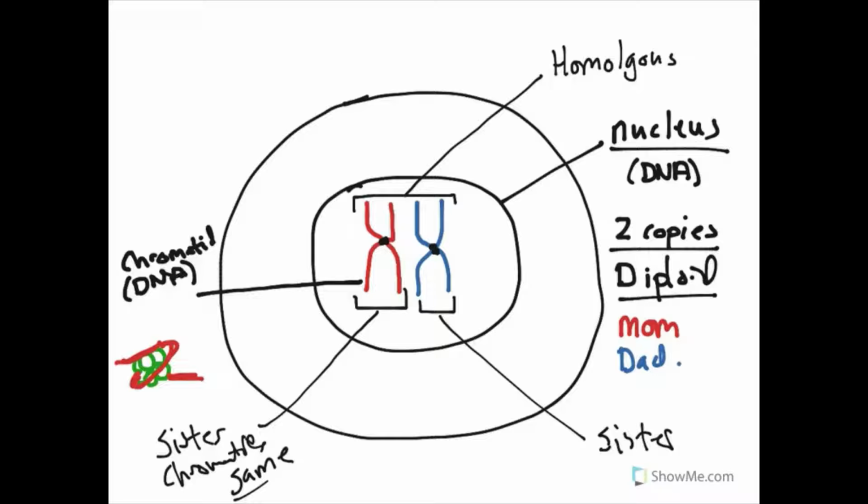And homologous are different. And that is a very important thing to know about the difference between sister chromatids. Sisters, same. Homologous, different. So homologous chromosomes are a pair. So when you have a diploid cell, they will have homologous pairs. There will be one maternal from your mom, one paternal from your father.